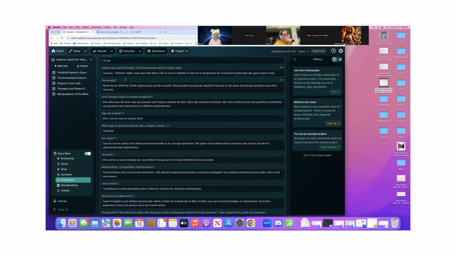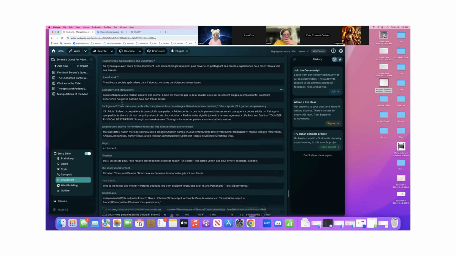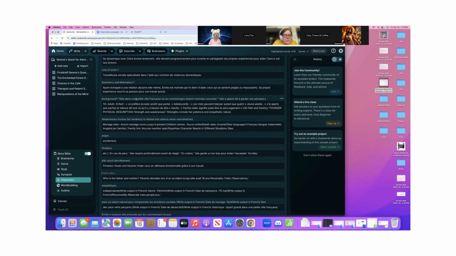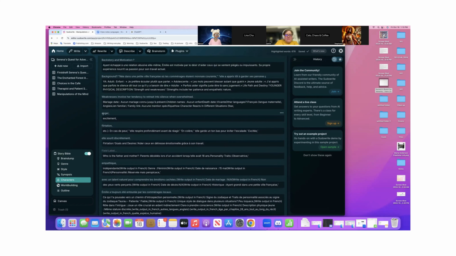So these are the normal stuff: the secret, the relationship, the line of work, the background motivation. But that background is not part of my domain at all. And here, anger, flirtation, elle sourit discrètement. It's like it's doing a story inside these things.